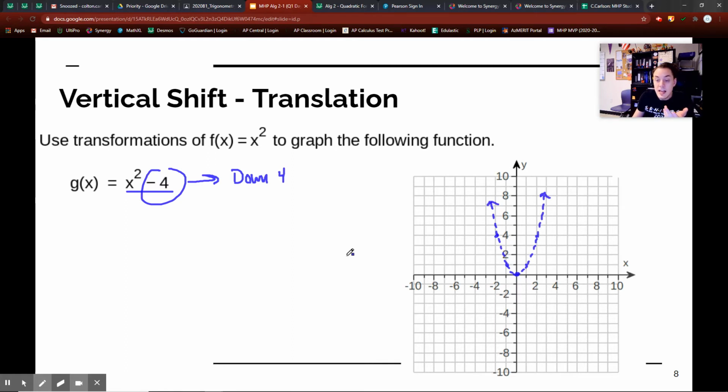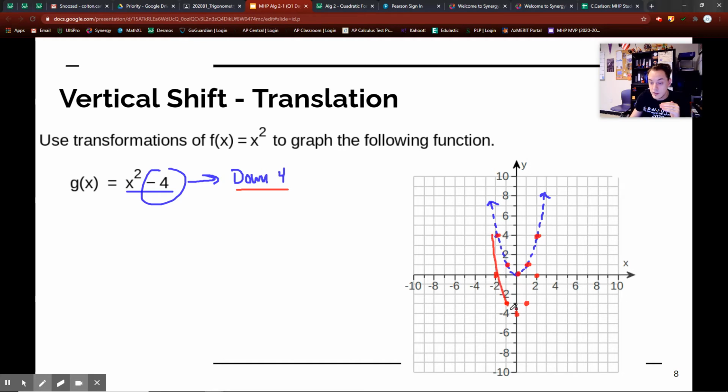Now, if I want down 4, I would take each one of these points, that point, that point, that point, and I would move everything down 4. So this point down 4, this point down 4, that point down 4, and that point down 4. So it looks something like that.